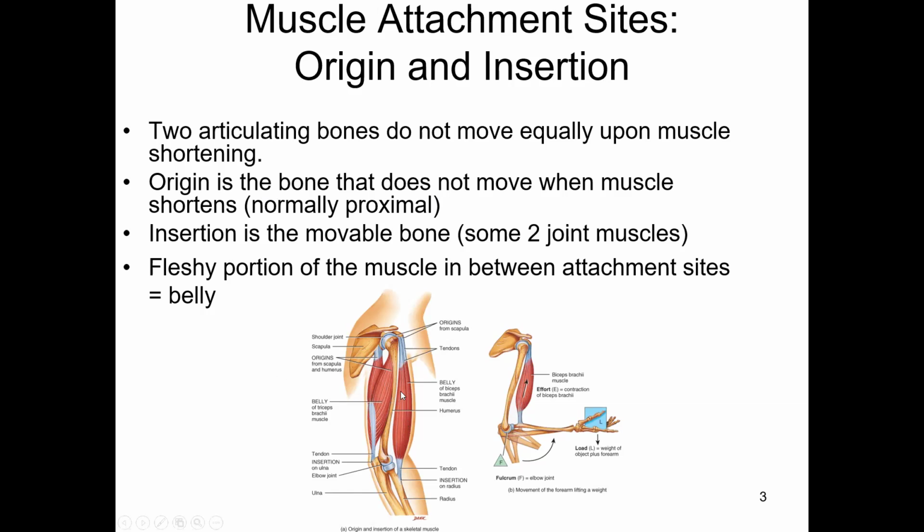So I'm going to point here at the biceps brachii muscle. This will come up in our second muscle lab. The origin of the biceps brachii is on the scapula. The origin is not detailed in tremendous detail. The insertion of the biceps brachii is on the radial tuberosity of the radius.